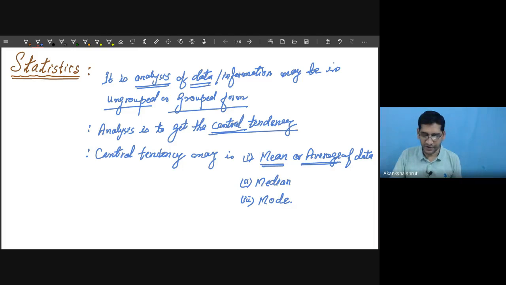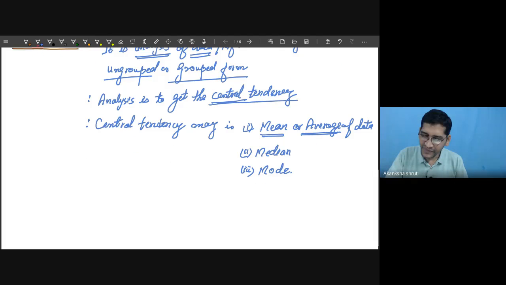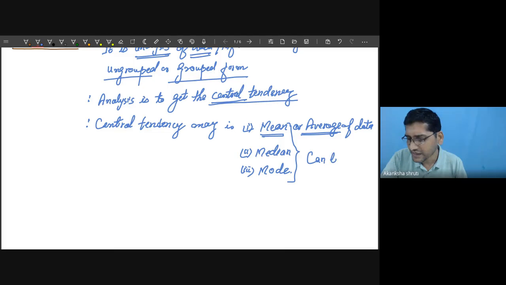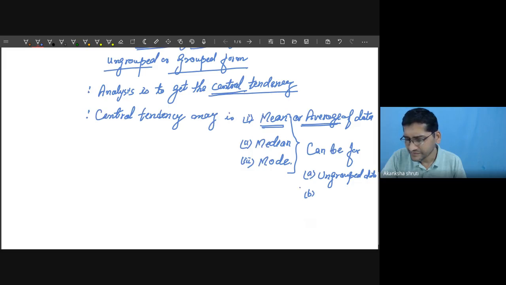So this way we are observing in statistics how to find the mean or median or mode. That's simple. All these three can be found for either the ungrouped data or raw data, or maybe for the grouped data.